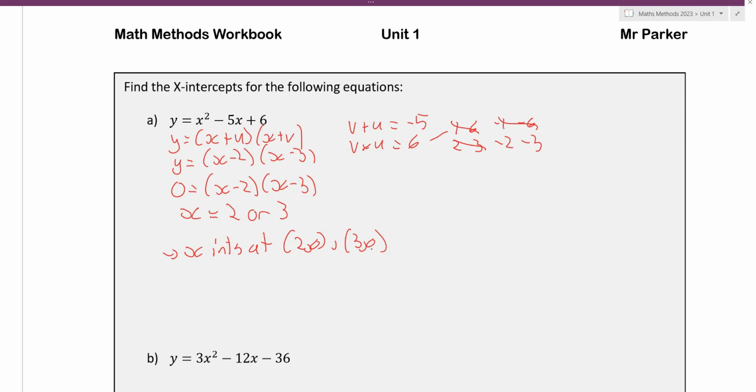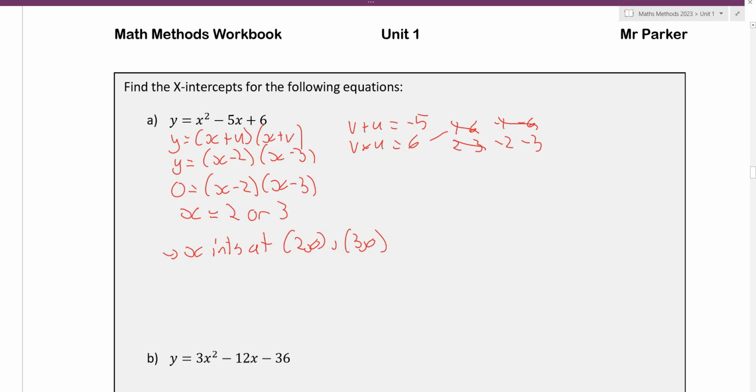Where you wrote 0 equals x minus 2, and then you wrote x is 2 or 3, on the next line it is positive. Because what we're trying to do is make either the left-hand bracket or the right-hand bracket equal to 0.